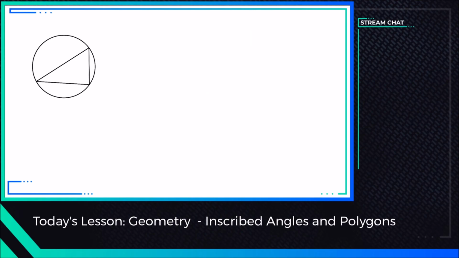All right, so we have this inscribed triangle here. Its hypotenuse is a diameter. And we want to find the value of x.